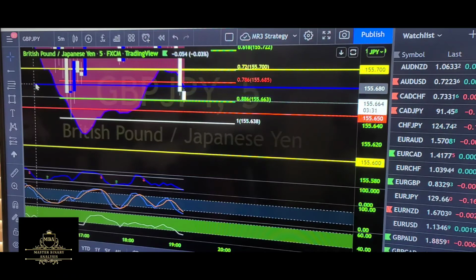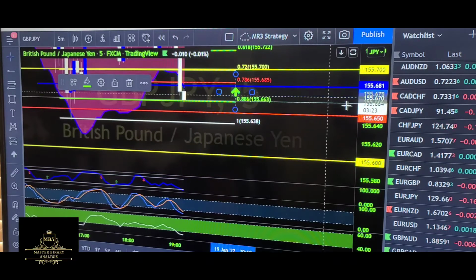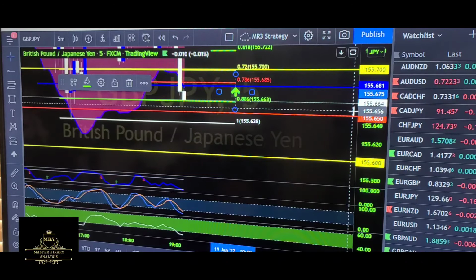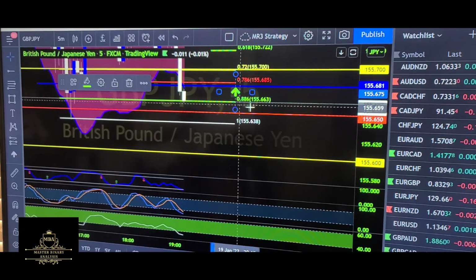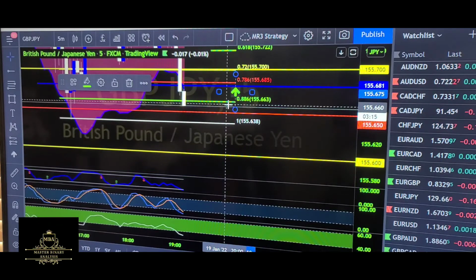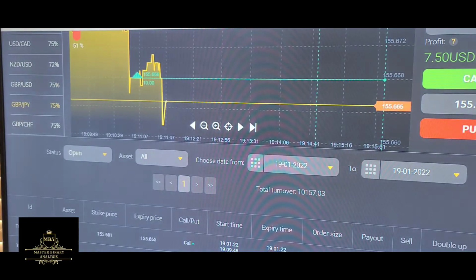So 81. I need price to be above that blue line, above this line. And I feel pretty confident because that's a very, very strong level. It could overextend and that's okay. But I have very minimal time, so I'm gonna roll this.